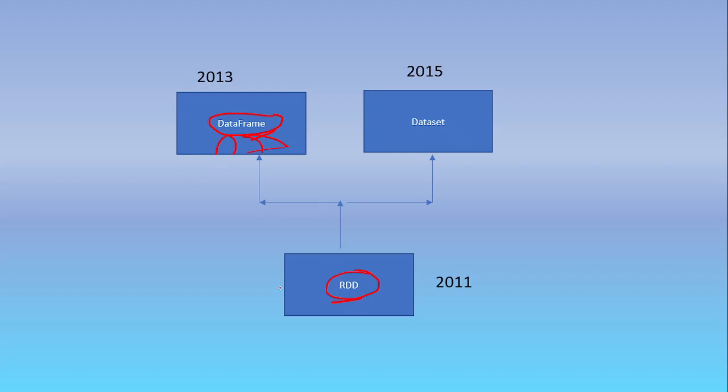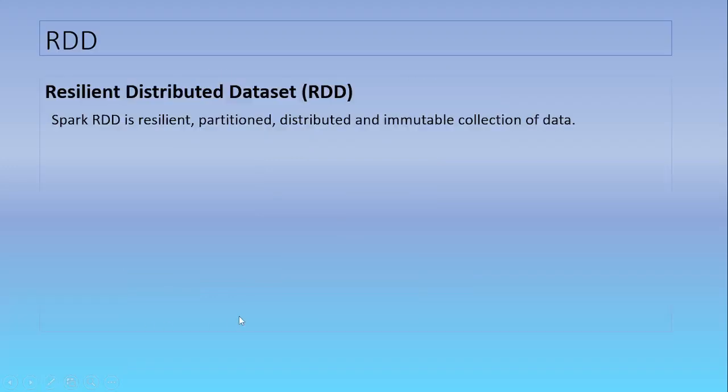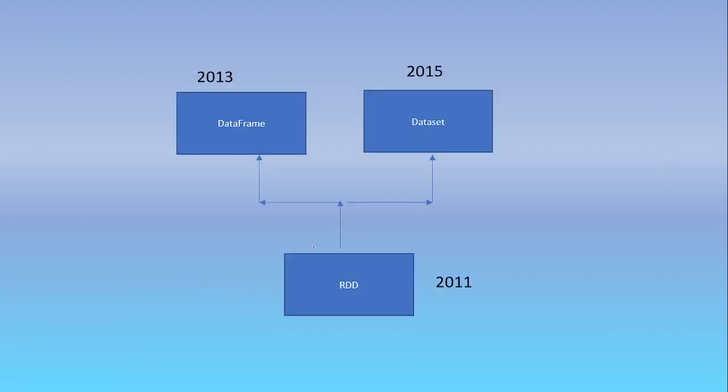This RDD is the oldest, and it is one of the core components of Spark. As it was the old one, there are some limitations and disadvantages in RDD. Because of that, they have built a data frame.